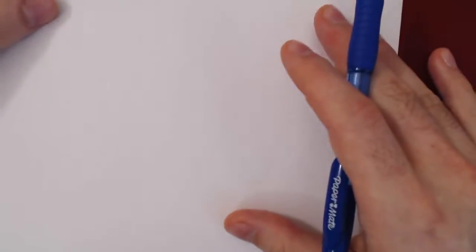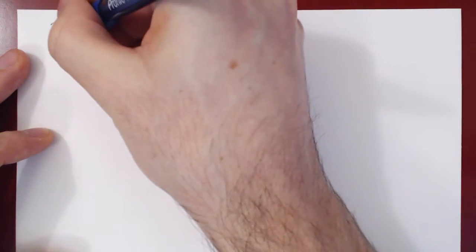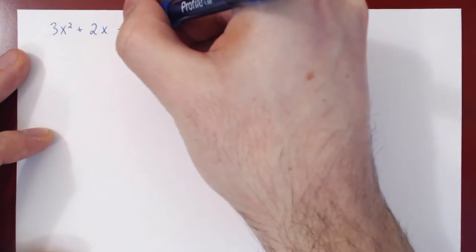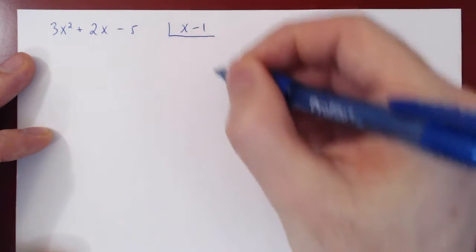And now we're almost done. So we will divide 3x squared plus 2x minus 5 by the now found free factor of x minus 1.